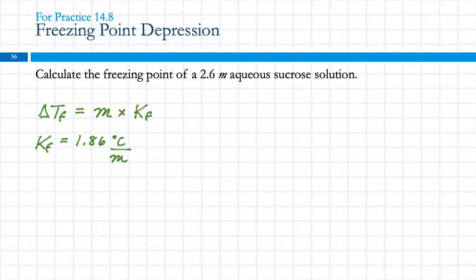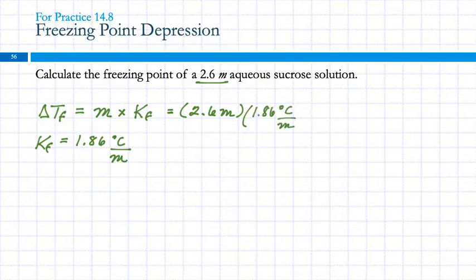That's not something you would memorize. We've got the molality that was given to us, so we plug these in: 2.6 molal times 1.86 degrees Celsius per molal, and the molalities cancel out.